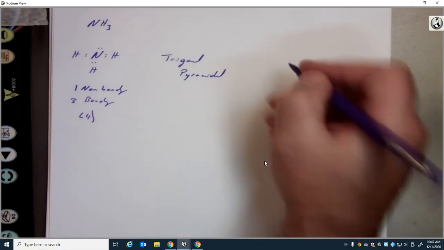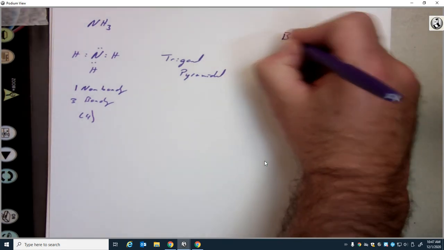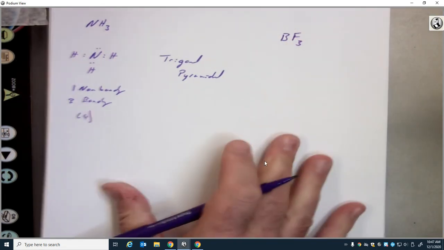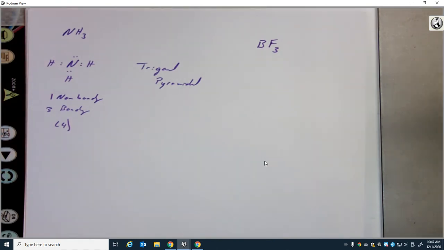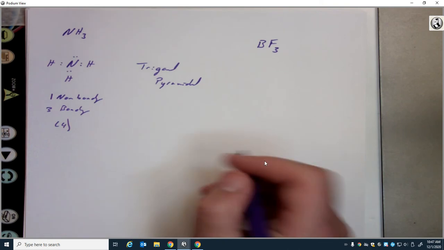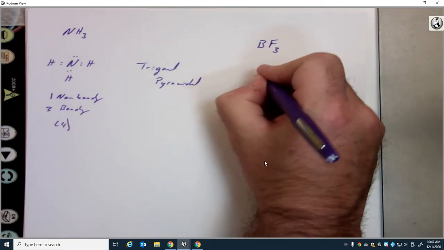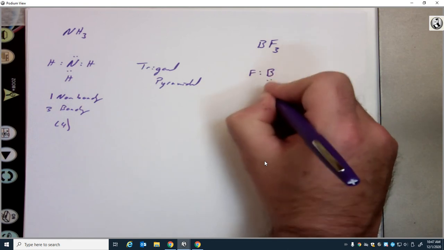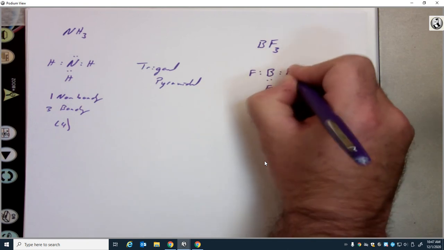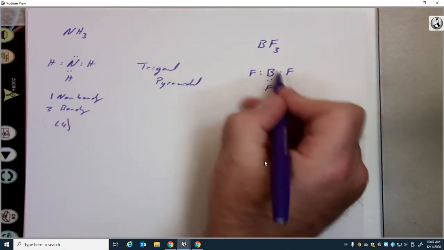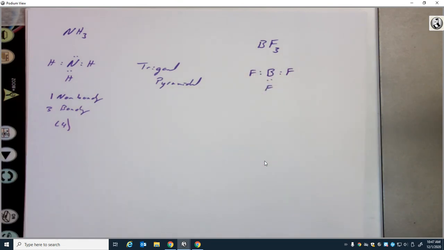Let's compare that to BF3. Well, in BF3, we have this. Boron has an incomplete octet, and that's okay, it does that.